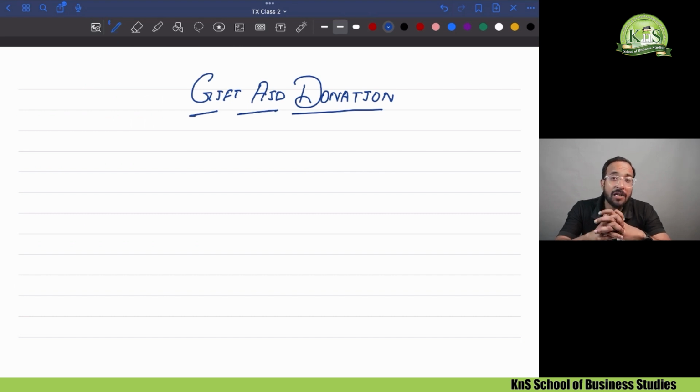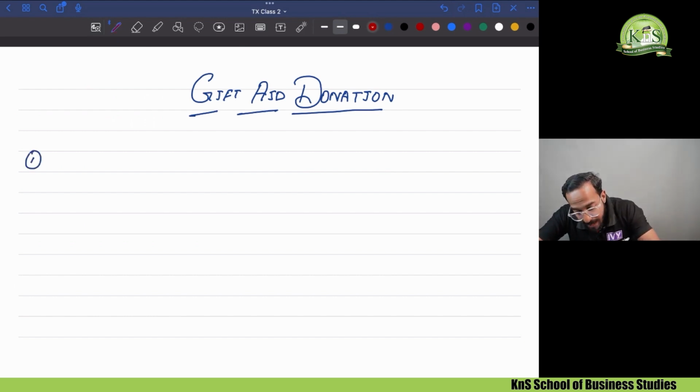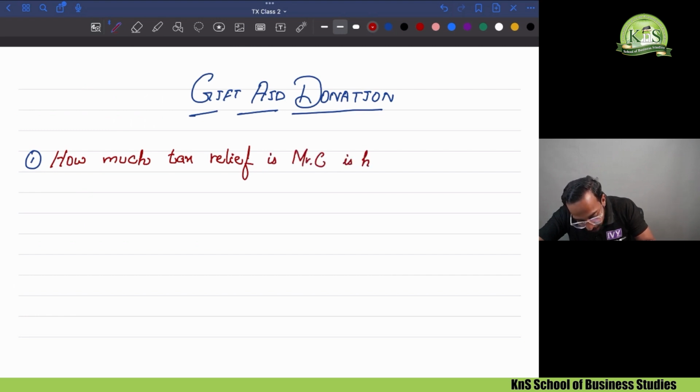The examiner might ask you a couple of questions regarding my example number 3. The first question may ask how much tax relief Mr. C is having. The answer is very simple.